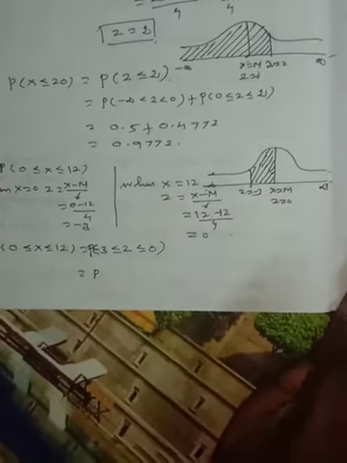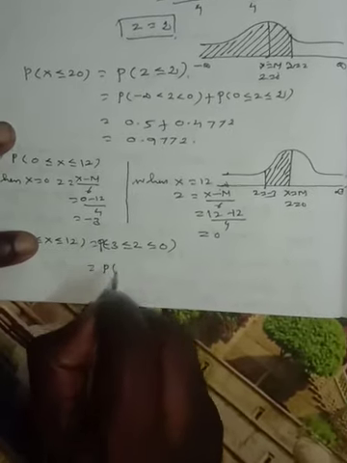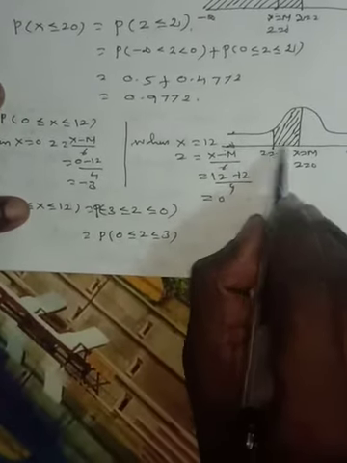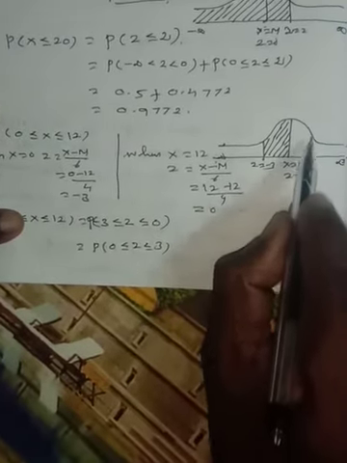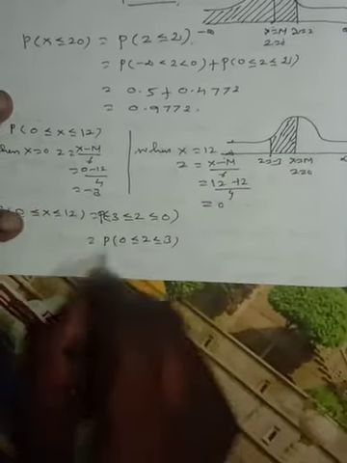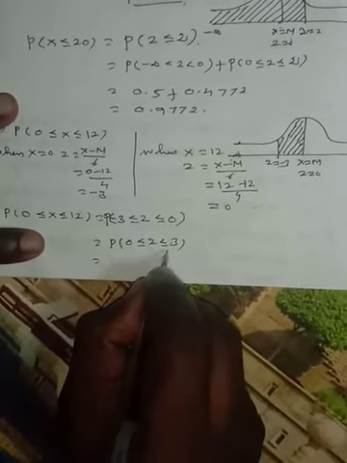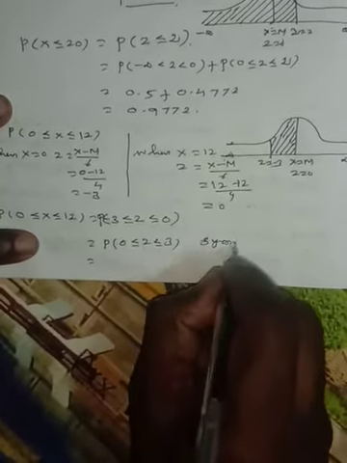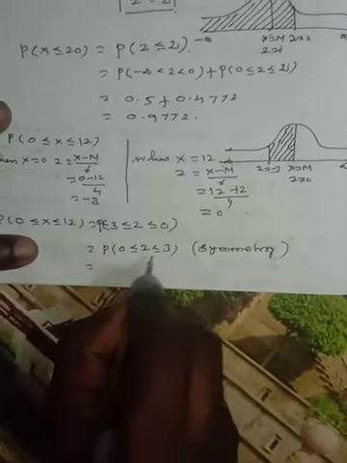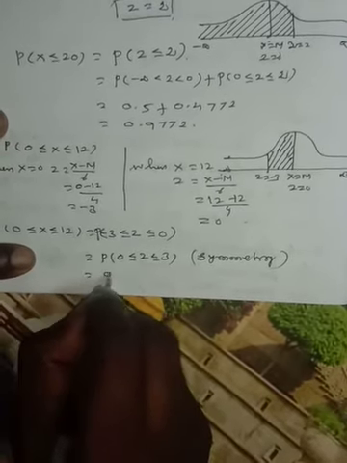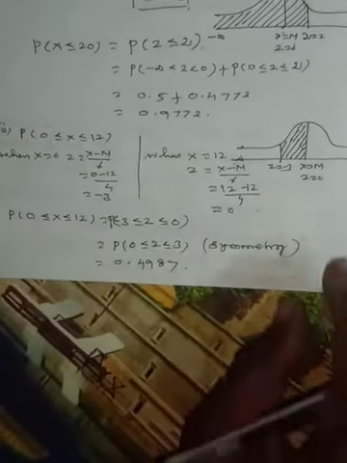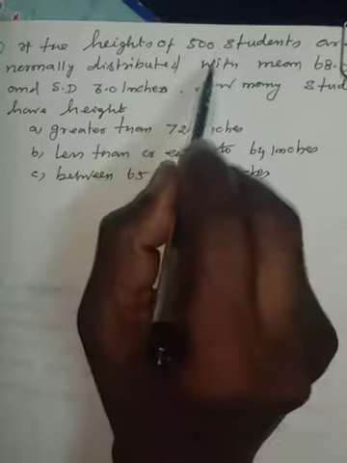By symmetry, it is 0 to plus 3. So this can be written as the probability of 0 less than or equal to z less than or equal to 3, since this region can be drawn on the right-hand side and the area is positive. Using the normal table, the answer is 0.4987.